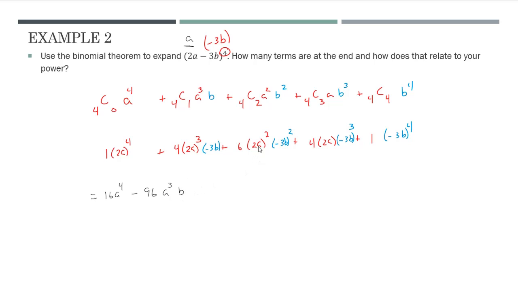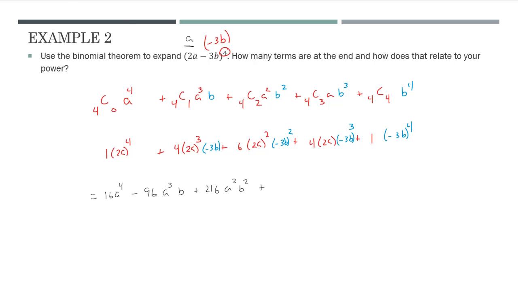Okay, for our third term, so we have 2 squared, which is 4, and the negative 3 squared, which is 9. So 4 times 9 times 6 gets me 216. And then we have a squared and b squared. Okay, for our next term, so we have 4 times 2 times negative 3 to the power of 3.